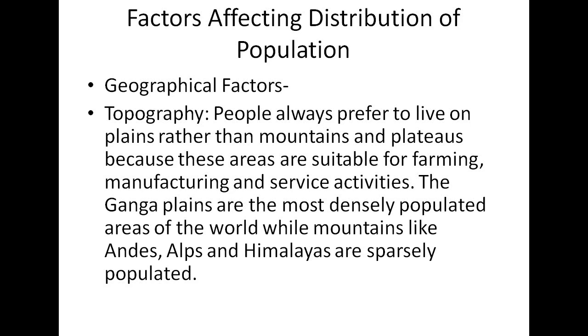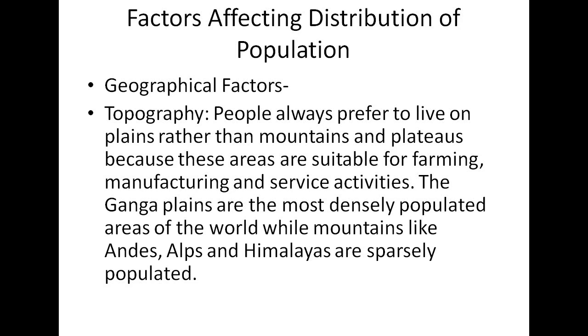First of all, we are going to talk about topography. What does topography mean? Topography means the kind of area that you are living in. There are different kinds of land areas, like plains, mountains and plateaus. They are known as the topography on which you live. People always prefer to live on plain areas rather than mountains and plateaus. Why?